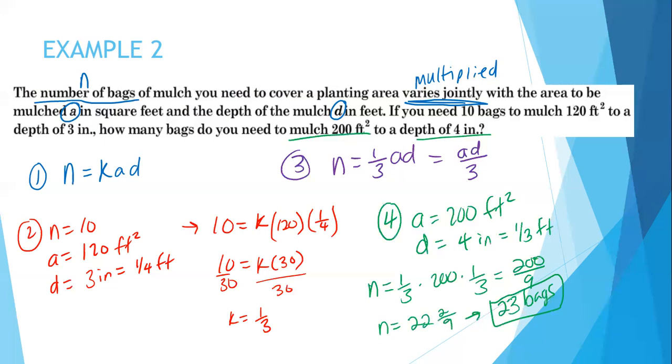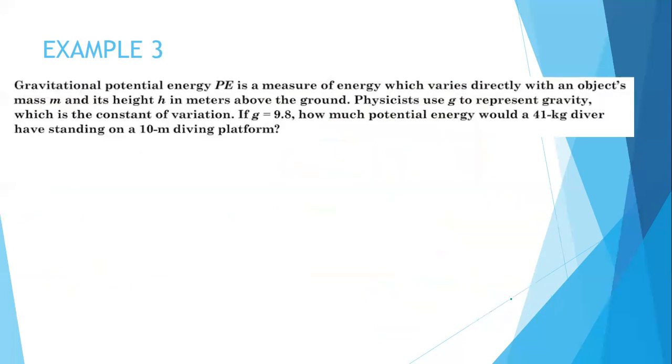All right, how do we feel? Still doable? Cool. All right, I'm gonna bring a little physics into your life. Boom. So gravitational potential energy, PE, is a measure of energy which varies directly with an object's mass m and its height in meters above the ground.